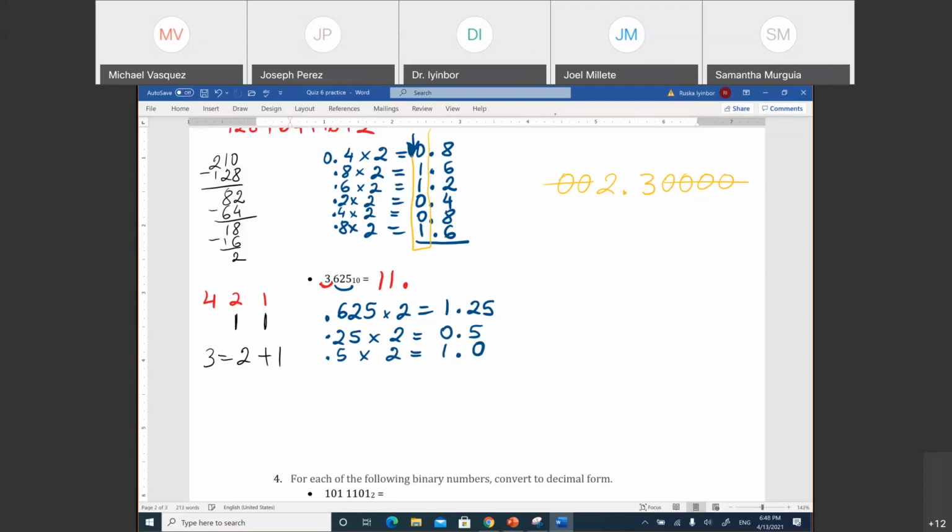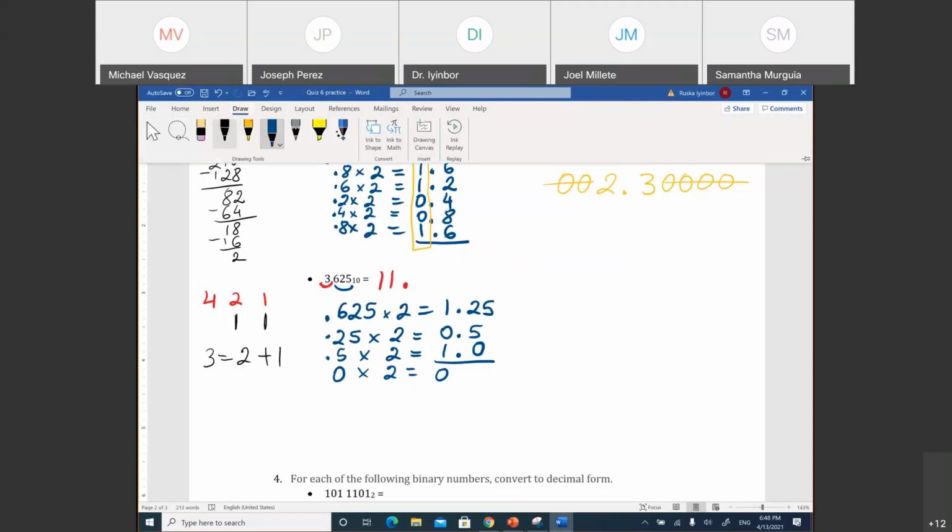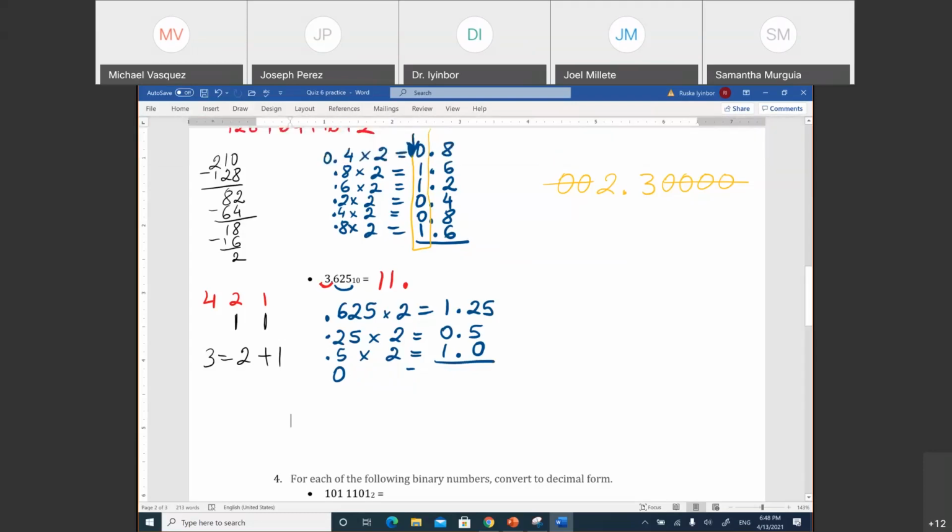So this is where the decimal stops. Because if I get the decimal part which is 0, and I multiply by 2, it's going to be 0. So it's going to be 0, 0, 0, 0, right? So if you get 1.0, that's where you stop. Okay? Everybody understand that? So if you multiply the decimal part and you get 1.0, you stop there. Okay?